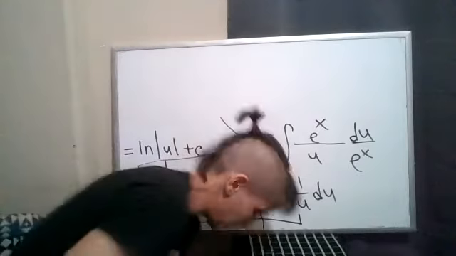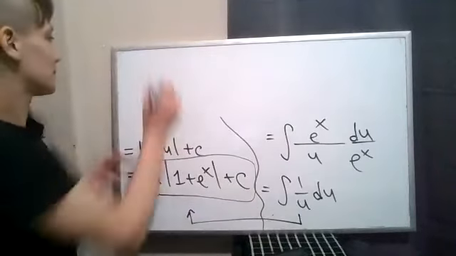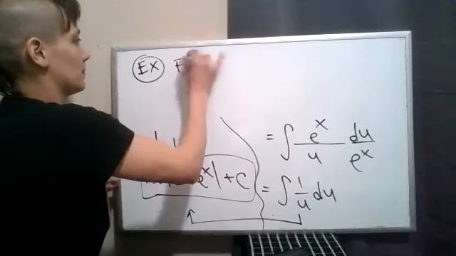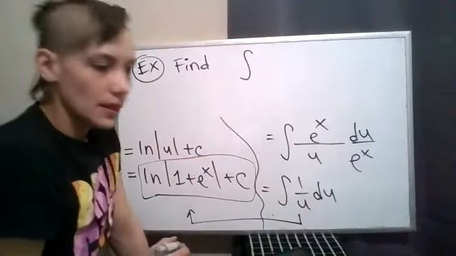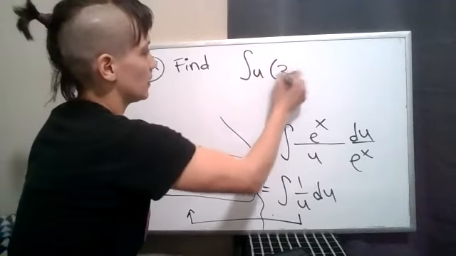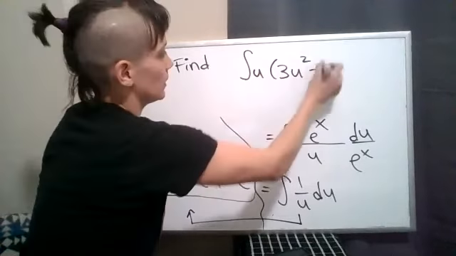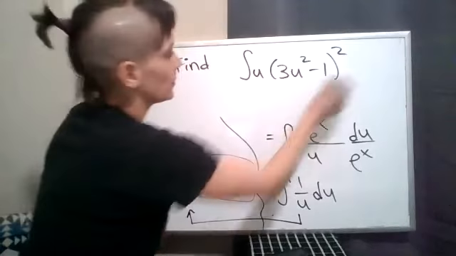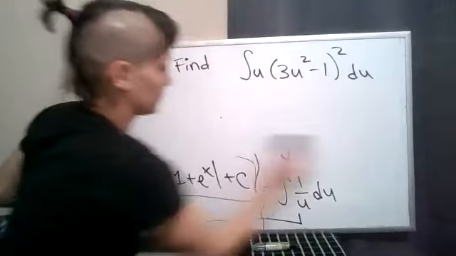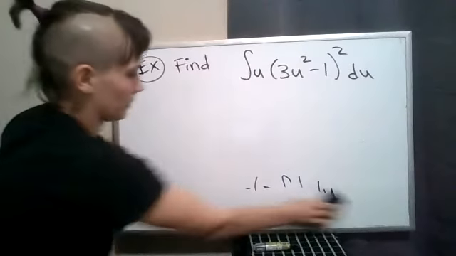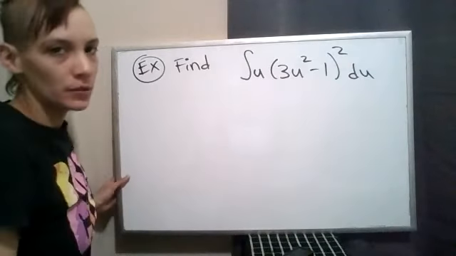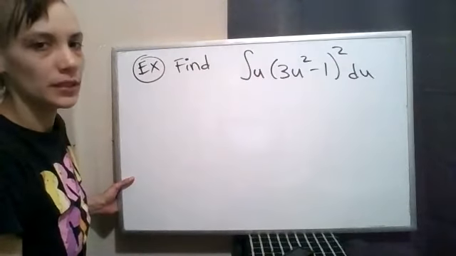Sorry. U times 3u squared minus 1 squared du. So same idea as u substitution, we just don't want to use the symbol u.